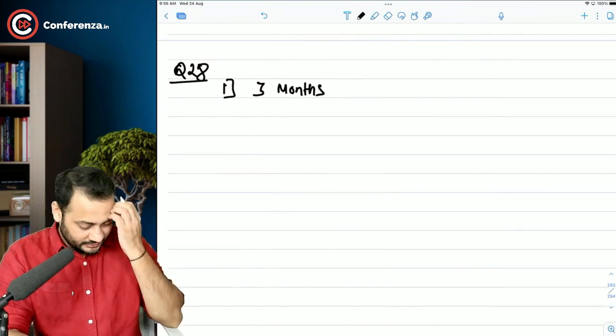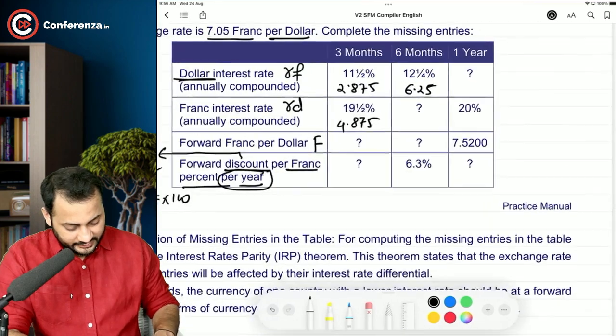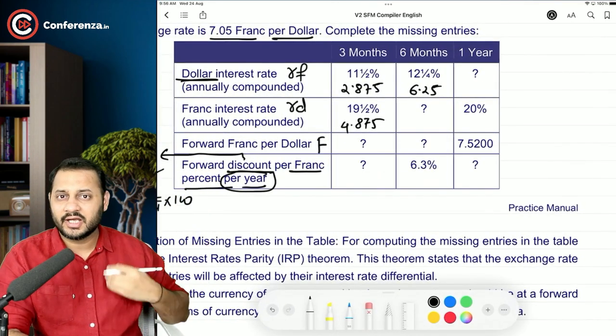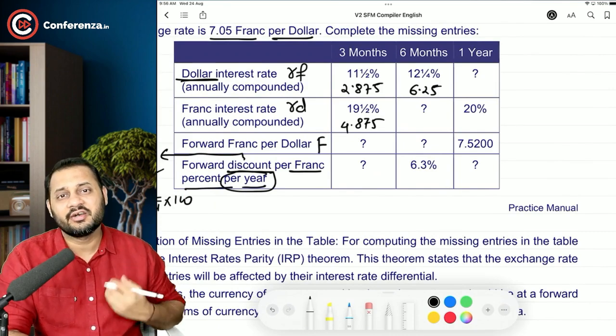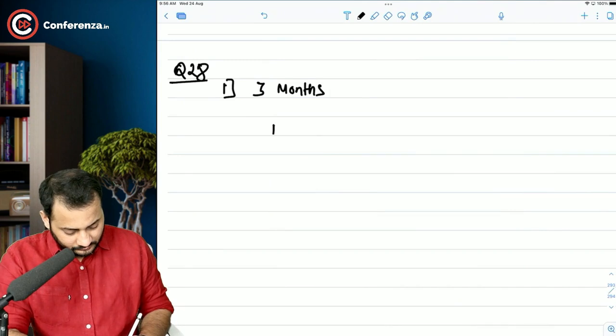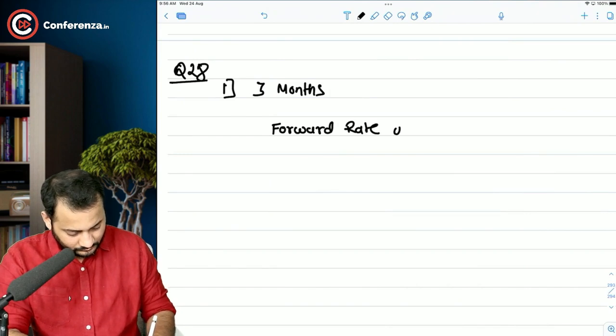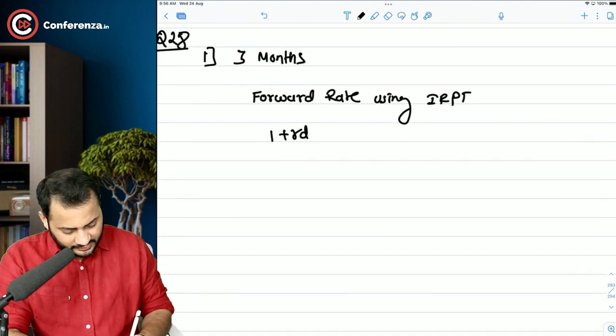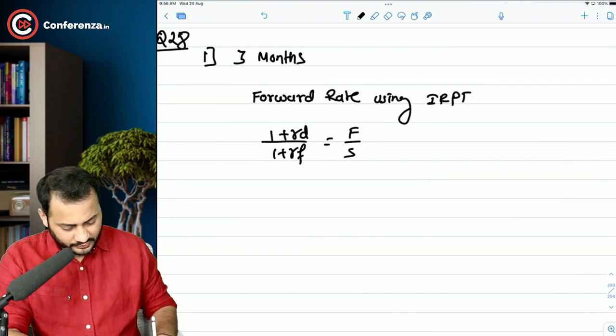For 3 months, the very first thing that we have to calculate is the forward rate. We can calculate it using interest rate parity theory. One plus RD over 1 plus RF equals forward by spot.